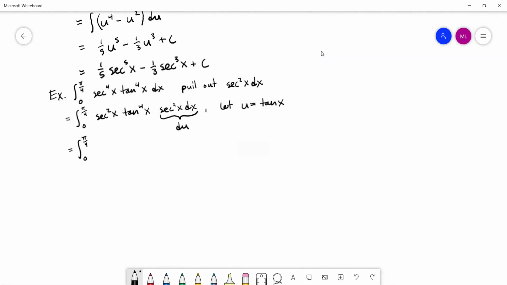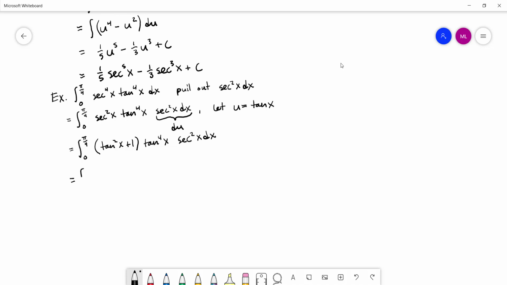So I'm going to rewrite this as tangent squared of x plus 1 times tangent to the fourth of x times our secant squared of x dx term. Now we can convert everything to u's, and that means that once we convert this to u, we'll have the integral of a u squared plus 1 times u to the fourth du.